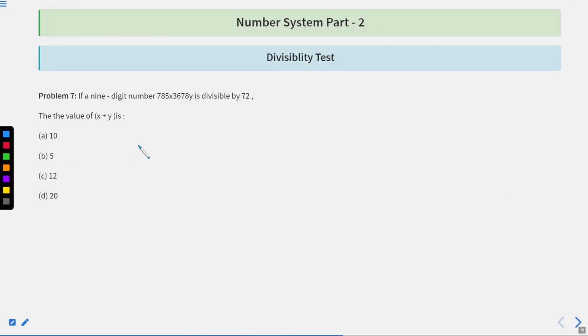Now, problem number 7. If a 9-digit number 785x3678y is divisible by 72, then find the value of x plus y. So it is provided that a 9-digit number is completely divisible by 72. We need to first find the value of x and y, then we have to find the value of x plus y.